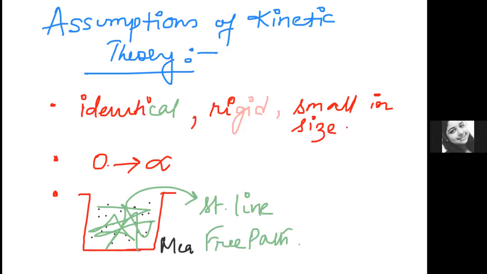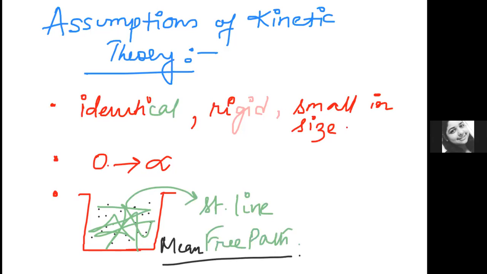Just this mean free path. Fine. The mean free path is dependent on the pressure of the gas, and if the pressure is high, the mean free path is less, and vice versa.